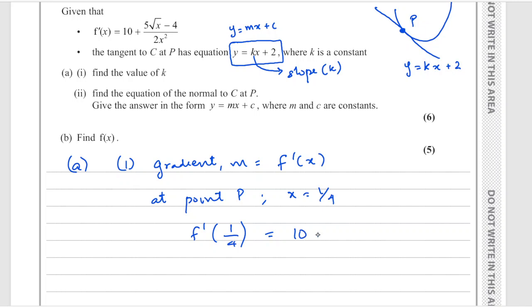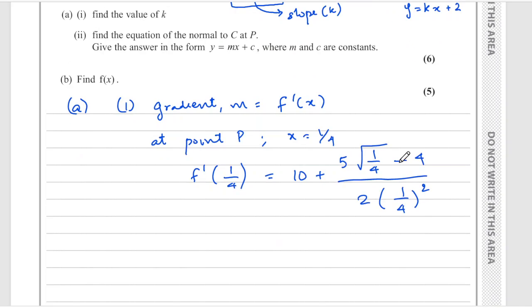So you just need to replace the x as 1 by 4 in the f dash of x value. So this is (10 plus 5 times 1 by 4 minus 4) divided by 2 times 1 by 4 the whole square. So when you do this calculation, you will be getting the answer as negative 2. So negative 2 is the value of k.